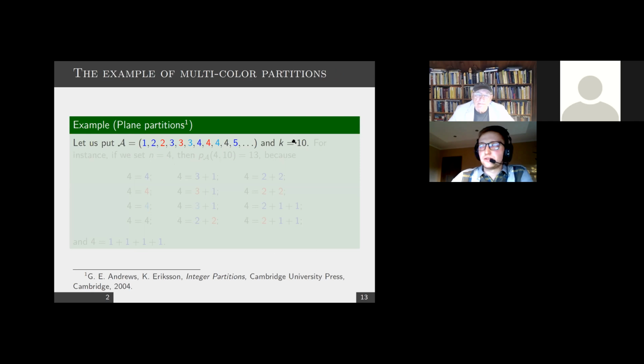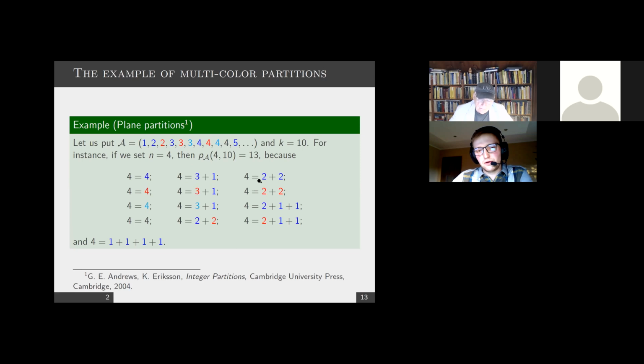Then for a given positive integer n, we consider only those partitions of n whose parts belong to the multiset, which consists of 1, 2, 2, and so on up to the last 4. So for instance, if we put n equals 4, then P_A of 10 equals 13, because we have the following possibilities.